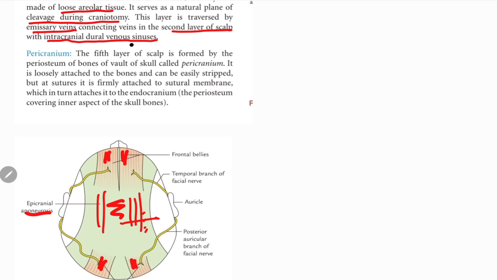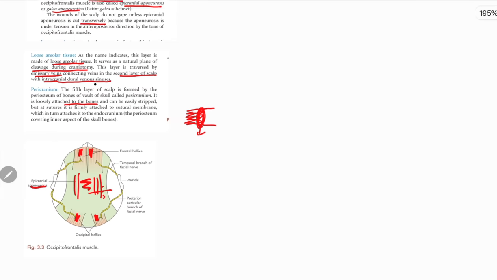Next, pericranium, the fifth layer of the scalp, is formed by the periosteum of the bones of the whole skull, called pericranium. It is loosely attached to the bones and can be easily stripped, but at the sutures it is firmly attached to the sutural membrane. Sutures are where two bones connect. At bones it is loosely attached, at sutures it is firmly attached, which in turn attaches it to the endocranium.